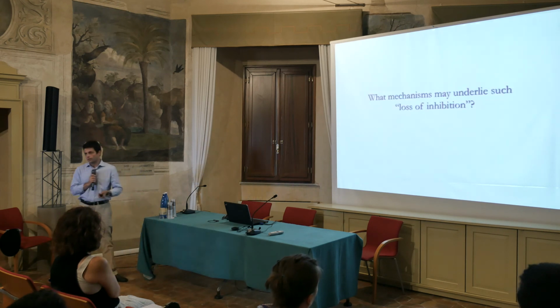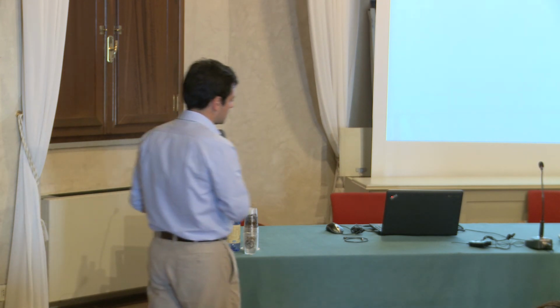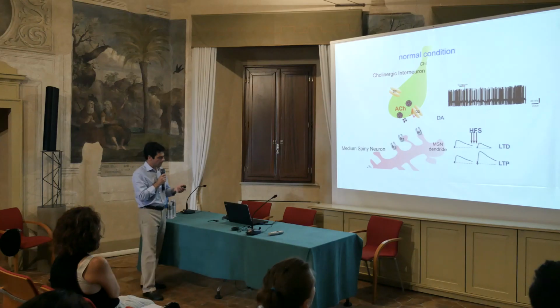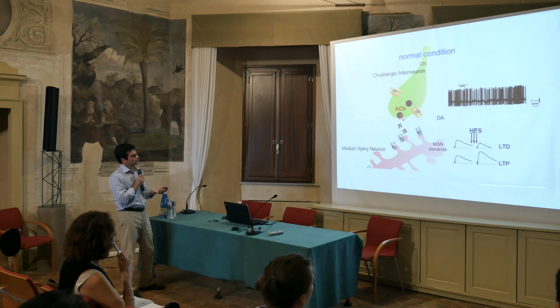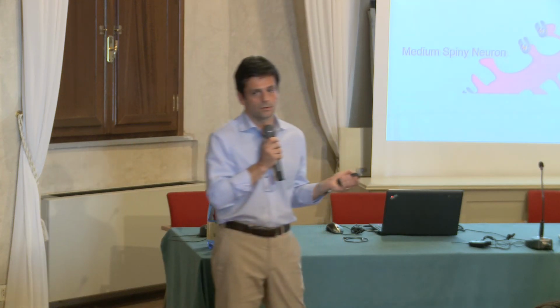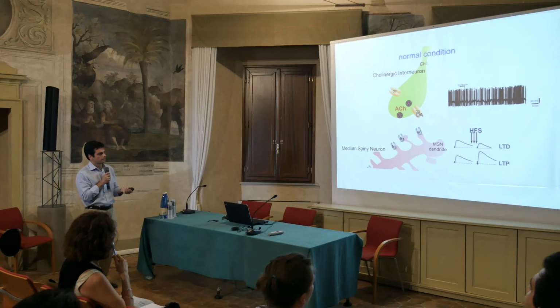So through which mechanism? To reconstruct the whole scenario, what we think is that normally we have dopamine in the striatum. When dopamine goes to D2 receptors, it blocks acetylcholine release. And so you have a physiological plasticity.